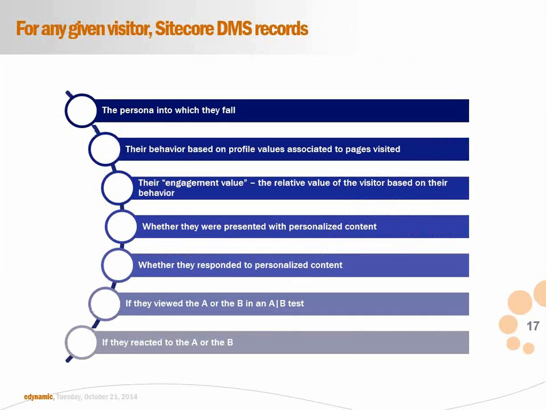So for any given visitor, what does Sitecore DMS record? For any person, it records the personas into which they fall, their behavior based on profile values associated to page visited, their engagement value, whether they were presented with personalized content, if they were part of A/B or multivariate testing or not, and how they reacted to that testing.